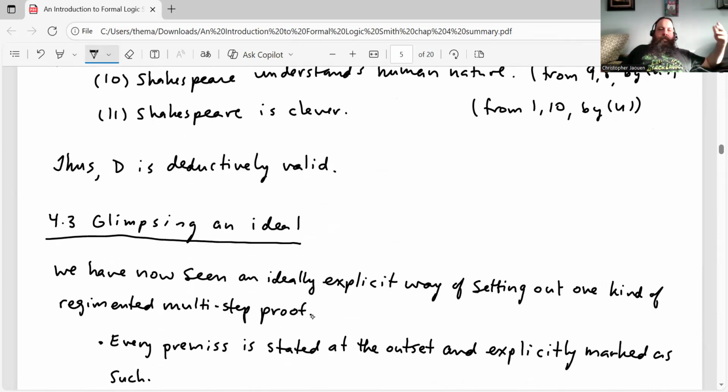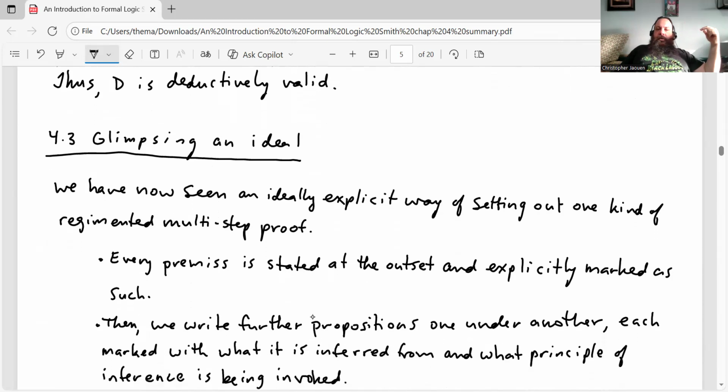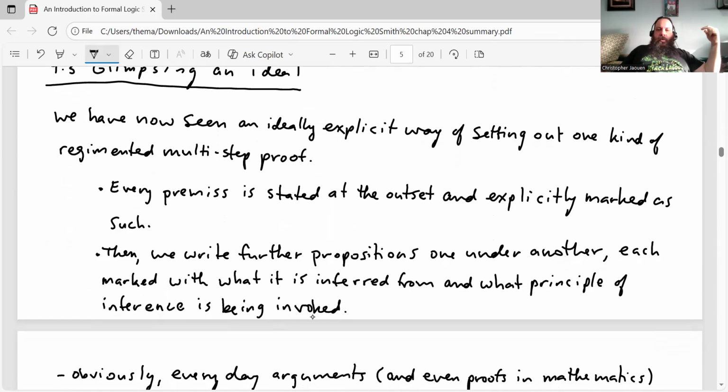Okay, so we've now seen some examples where we're writing down formal proofs here. And now we want to go to section 4.3, which is titled Glimpsing an Ideal. So an ideal meaning something to strive for, but that is not always convenient or possible.